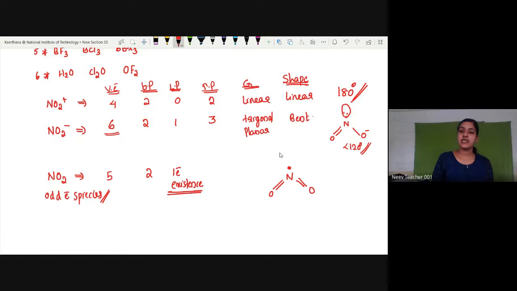And if you're finding this angle, it is actually more than 120 degrees. Because of the presence of a single electron, the repulsion caused by 1 electron will be less than that of 2 electrons, and the bond angle of NO2 is actually greater than 120.